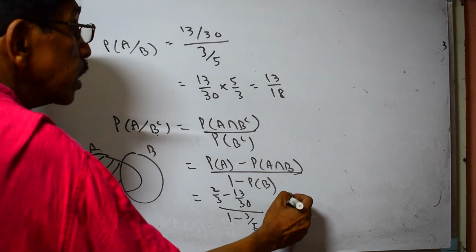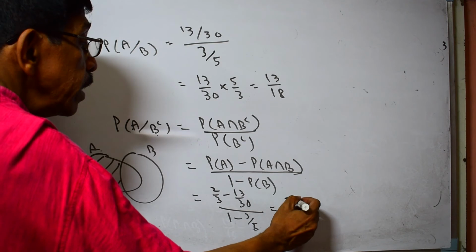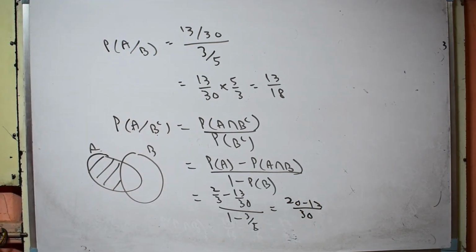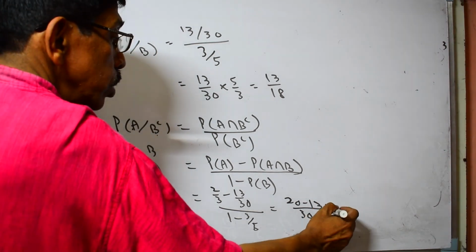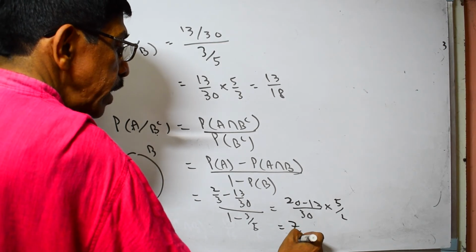So it will be 20 minus 13 divided by 30, and into, this is 2 by 5, so 5 by 2, so the final answer is 7 by 12.